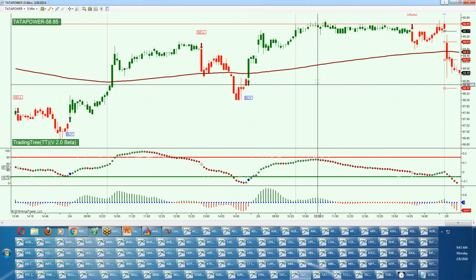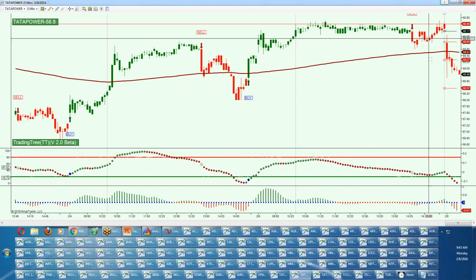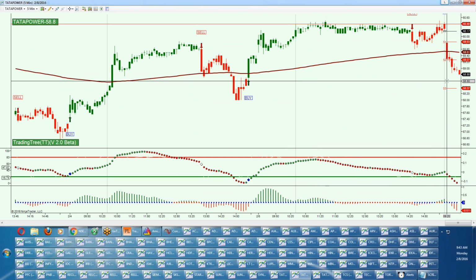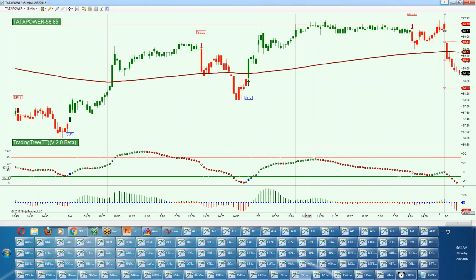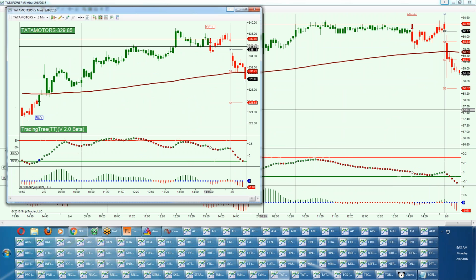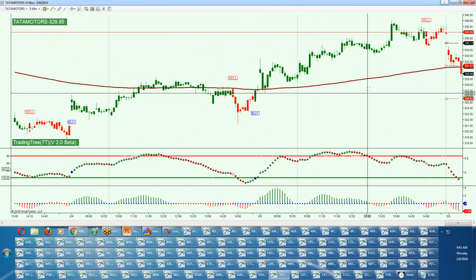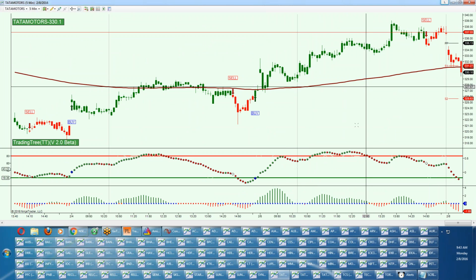Tata Power, you can short it at this price. It's already a gap down open, but you can short it in case it comes to 5860. Tata Motors is down. You can short it here.